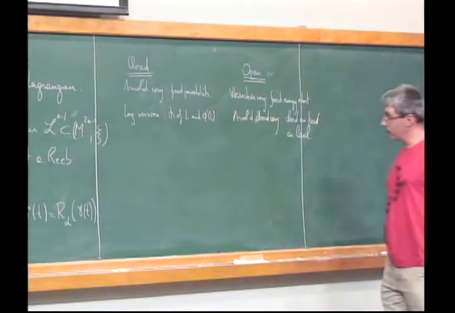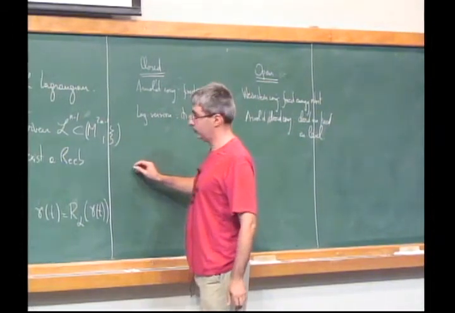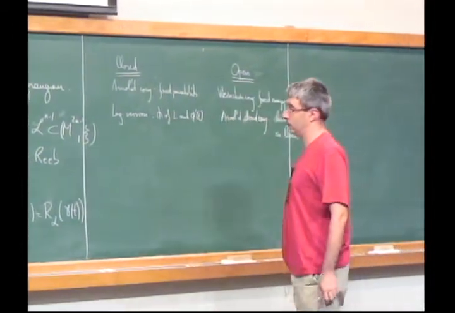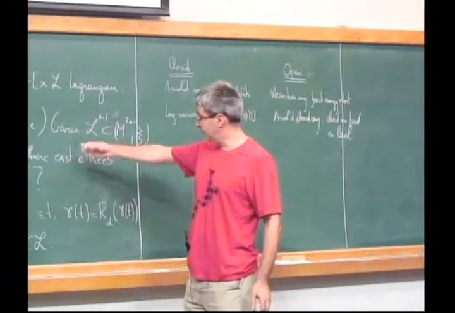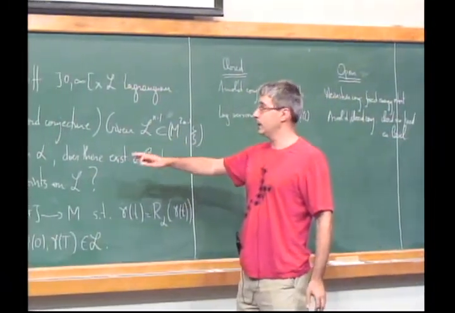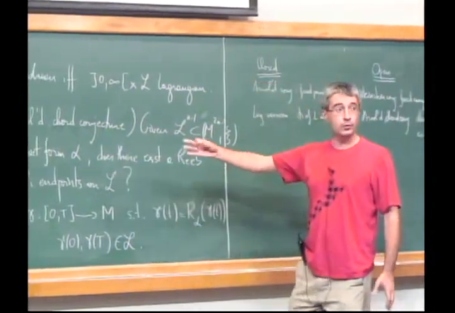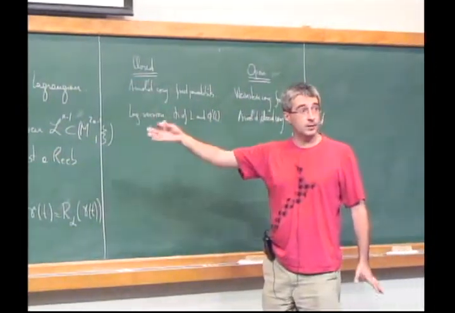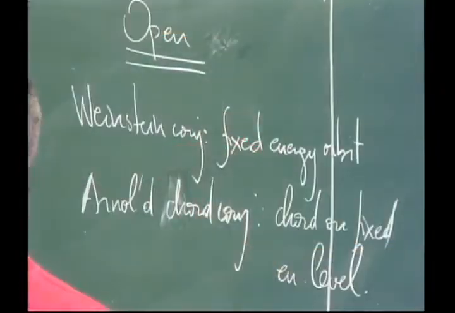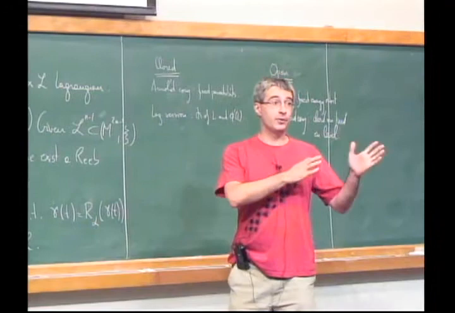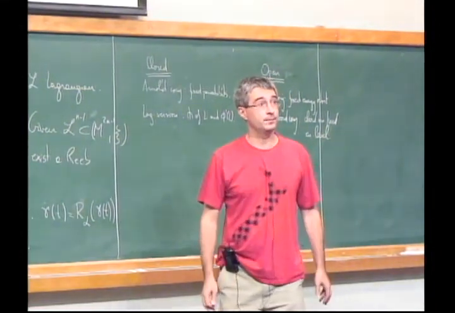What I will prove today is that the chord conjecture holds true in certain setups, and that there is a Lagrangian version of symplectic homology that plays a role in that.